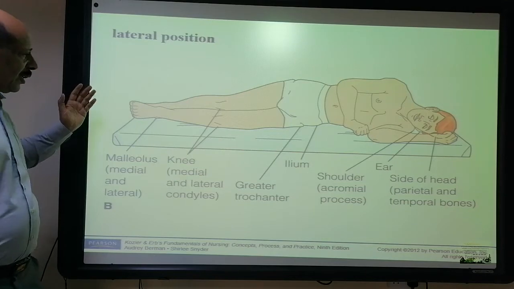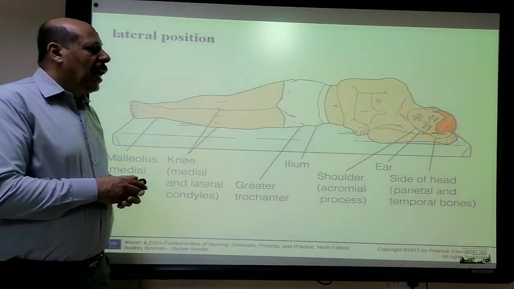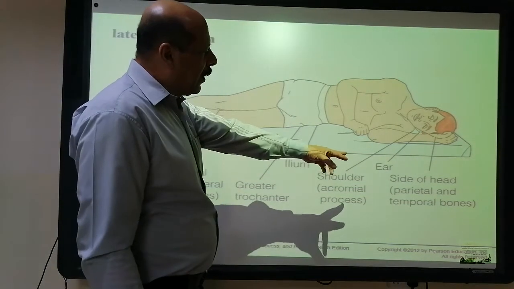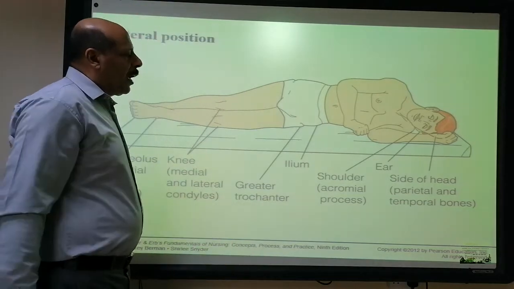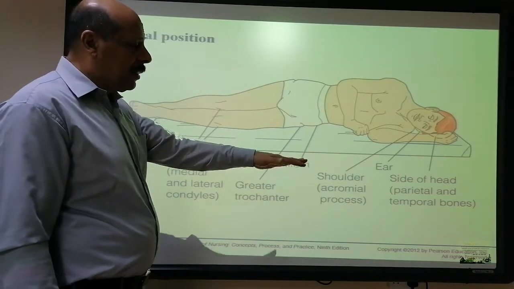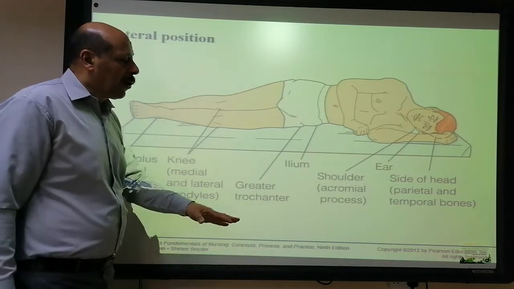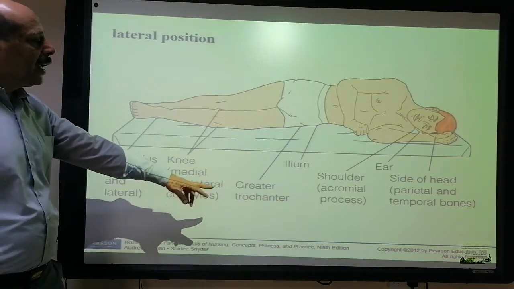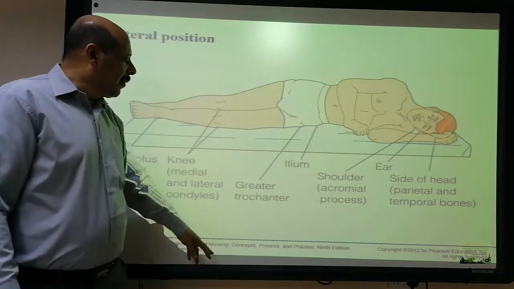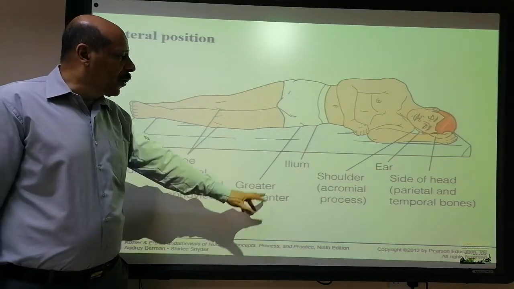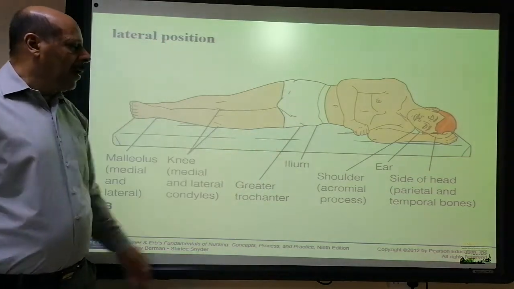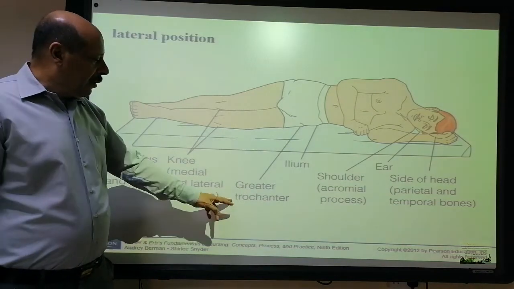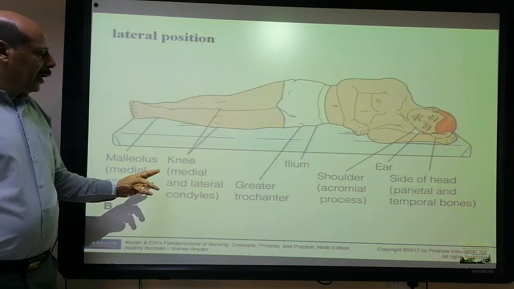In lateral position, the ear is more prone to bed sore. The side of the head, the parietal and temporal bone, the shoulder also, the acromion process, the ilium, the iliac crest here, and also the greater trochanter of the femur will be prone to bed sore.